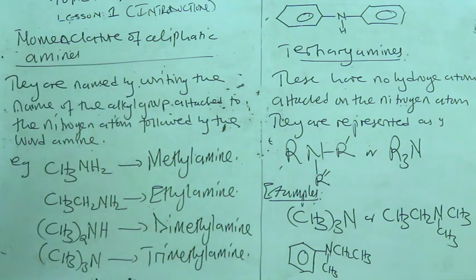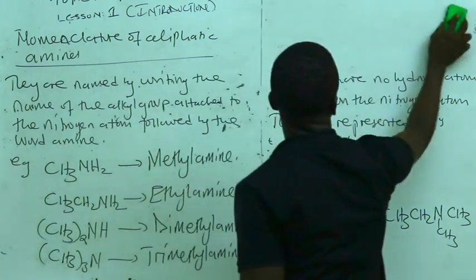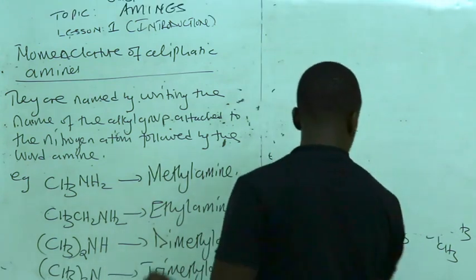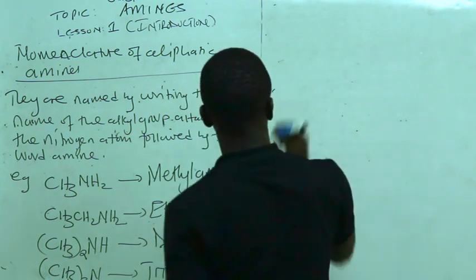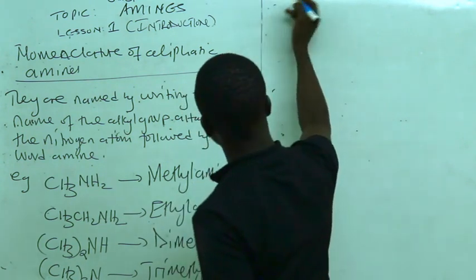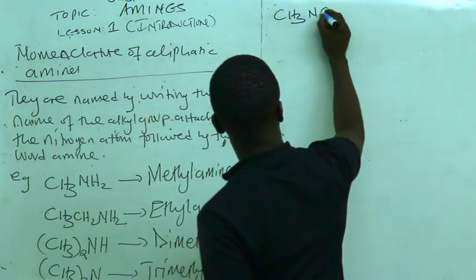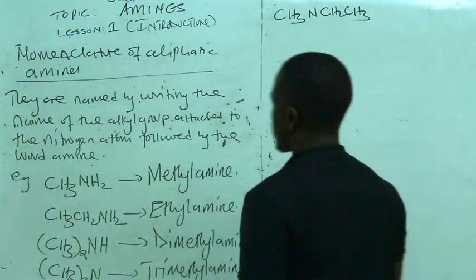But it is possible for them to be more than one, and all of them are different. What if they are CH3N, but then this one is CH2CH3?